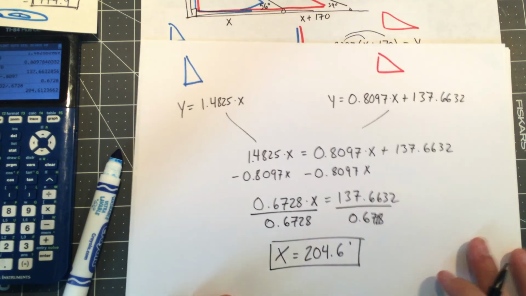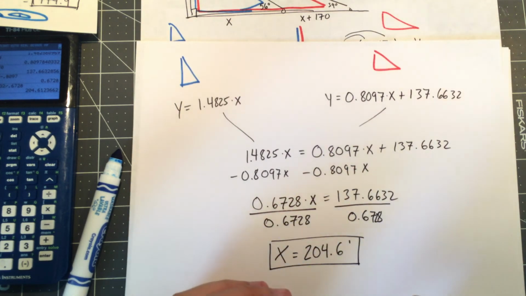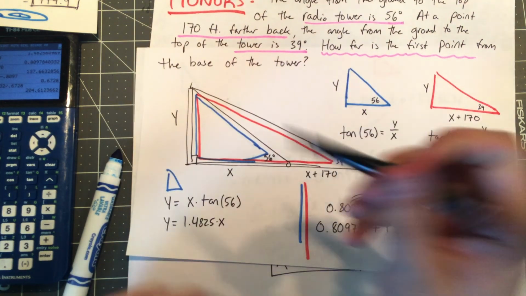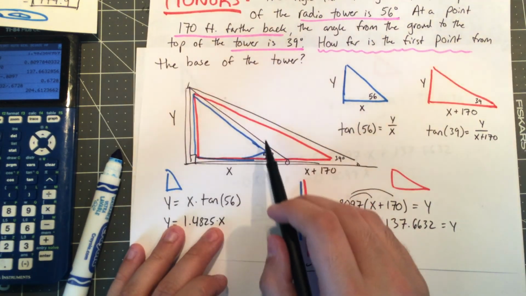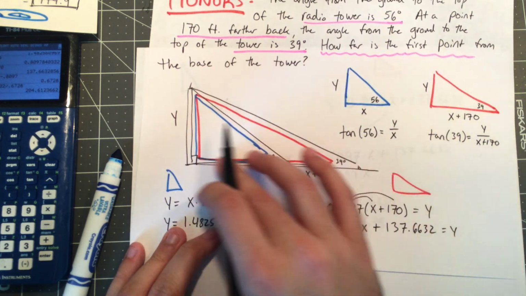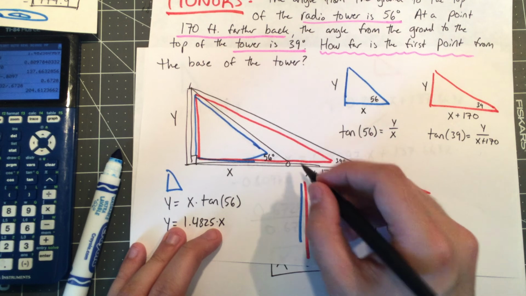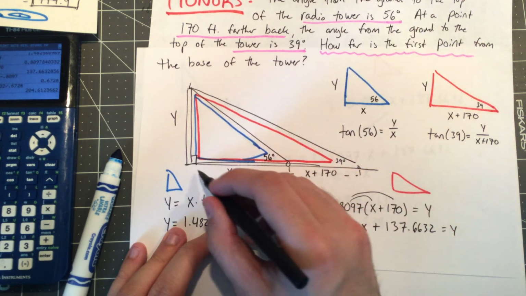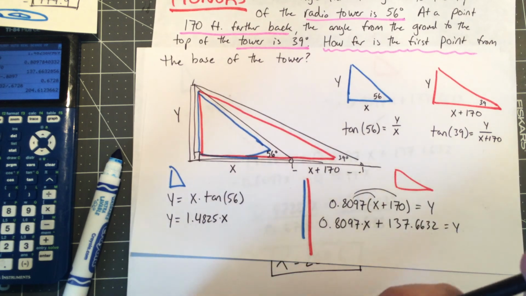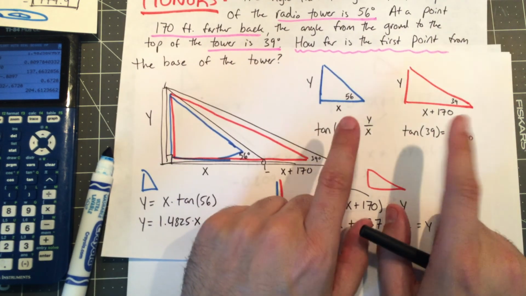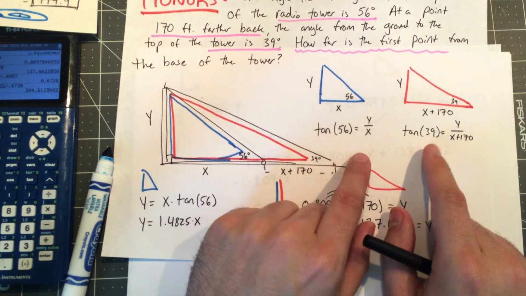So there you go. What I did is I mapped it out into two right triangle problems. A smaller one from x and a bigger one that can be in terms of x plus 170. Like this right here was 170 and this was x. So the whole thing was x plus 170. I just got them in terms of their ratios. With these ratios, I could isolate a variable.